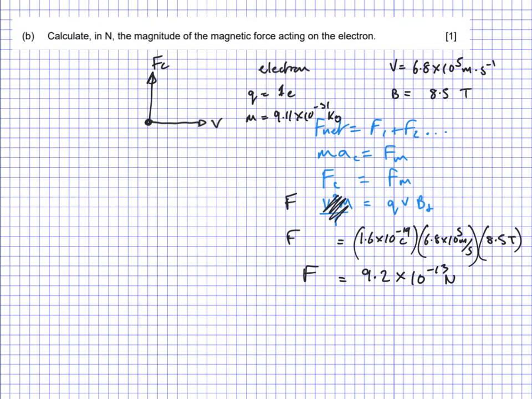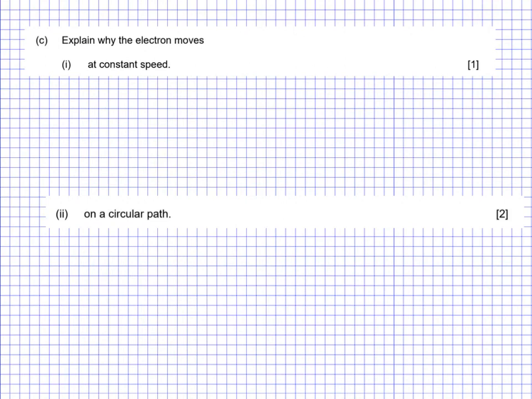That's the force. Okay, so for part C, there's 3 marks here, so most of the marks for this question are actually coming from this qualitative part where we have to explain why the electron moves in a certain way. So first up, why does the electron move at a constant speed?